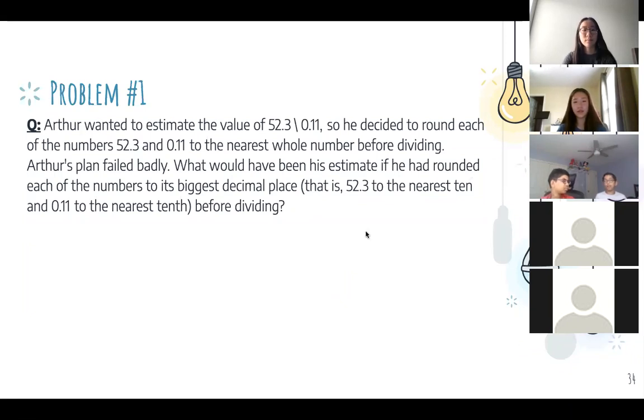So he decided to round each of the numbers 52.3 and 0.11 to the nearest whole number before dividing. And Arthur's plan failed badly. So what would have been his estimate if he had rounded each of the numbers to the biggest decimal place? So that is 52.3 to the nearest 10 and 0.11 to the nearest 10th before dividing.